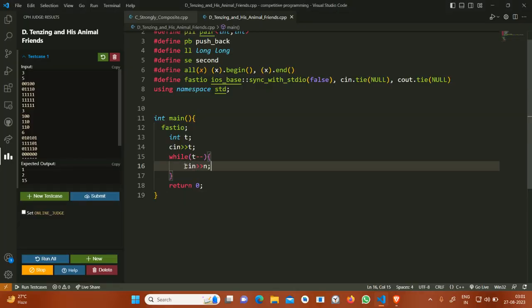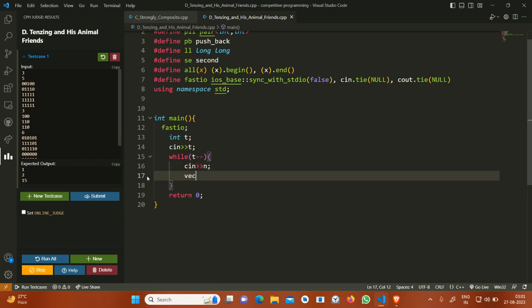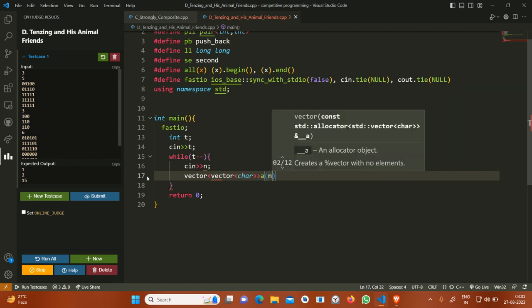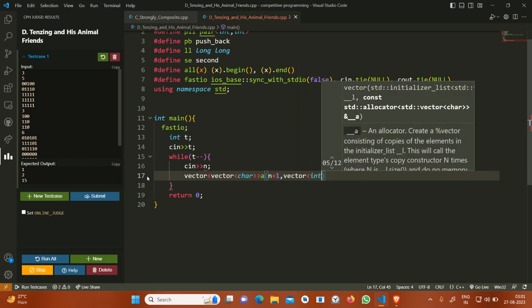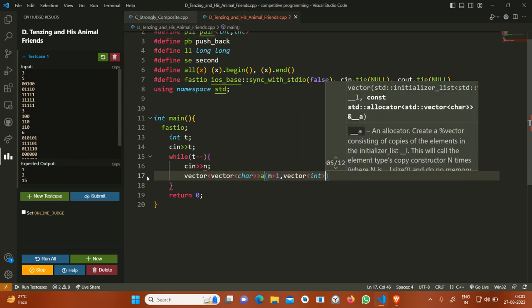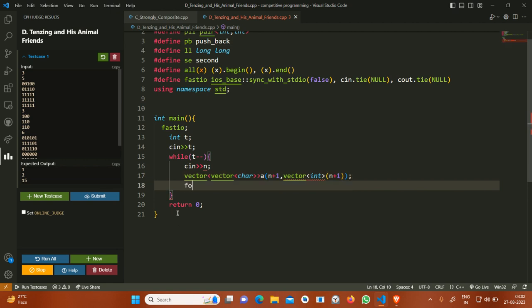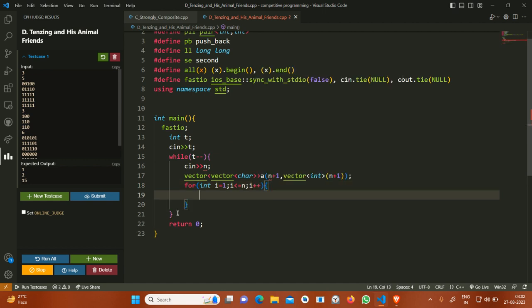So I have already taken the inputs. I am following one-based indexing because I would also have to perform the prefix.